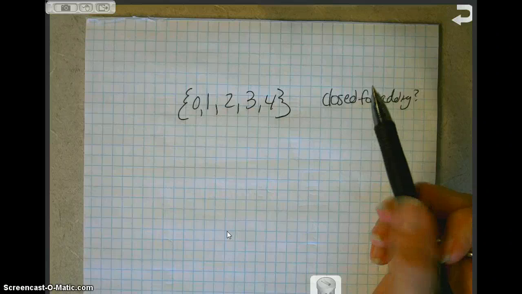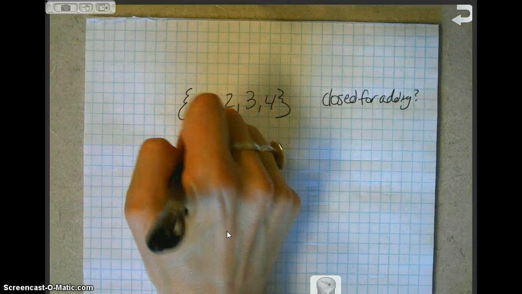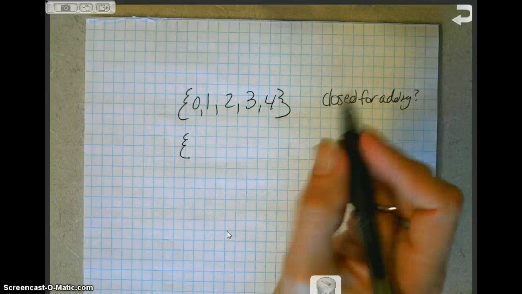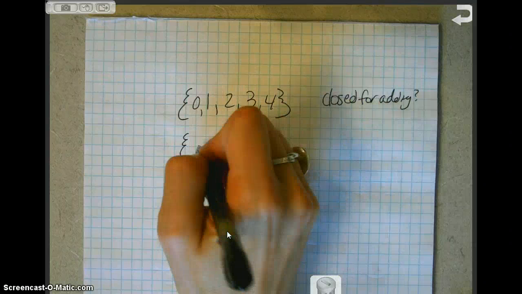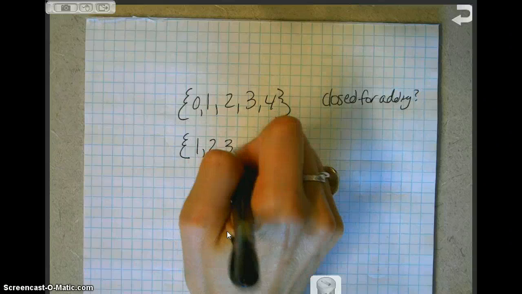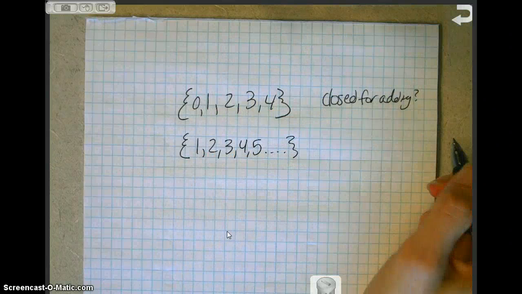Okay, so let's look at another group, okay? Let's talk about the natural numbers, okay? The natural numbers are how you naturally count. So 1, 2, 3, 4, or the counting numbers, 5, dot, dot, dot. Is this closed for addition, okay?